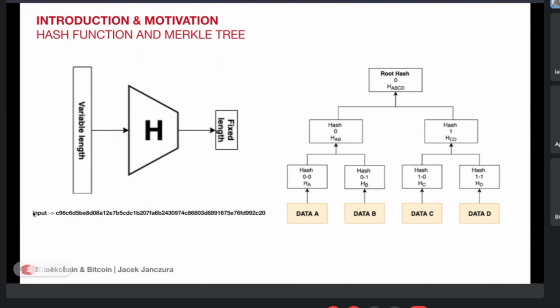So the text of, I don't know, some Faust by Wolfgang Goethe or any book can be transformed into a fixed size string. Always the same length, so no matter if the string is shorter or longer than 64 characters, it will always be the same.